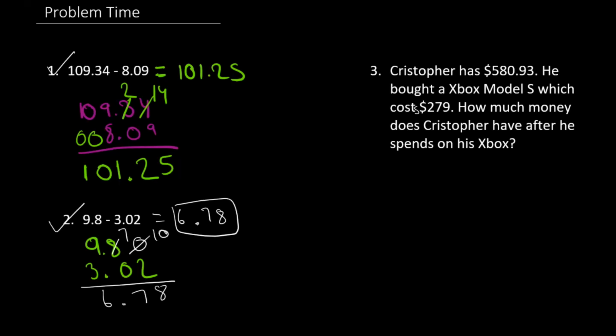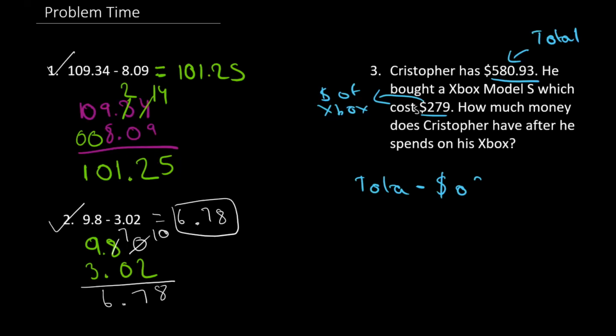Now, the total is $580.93. The cost of the Xbox is $279, right? So we have to subtract the total minus the dollars of Xbox to find how much he has left.